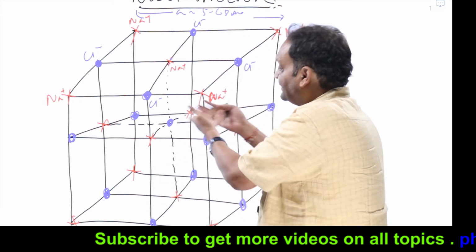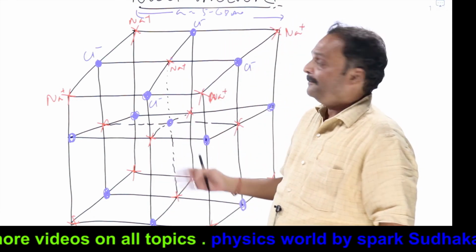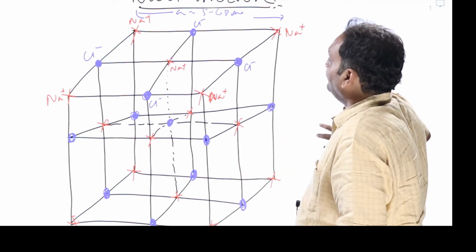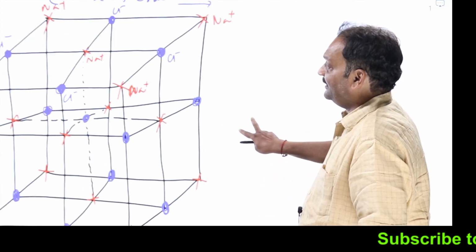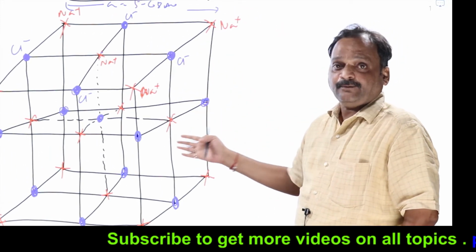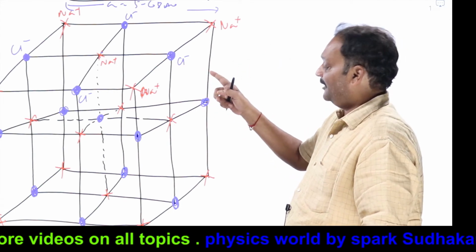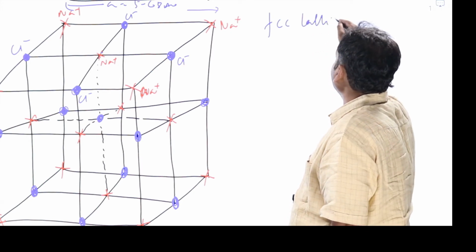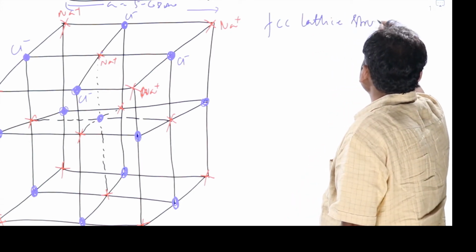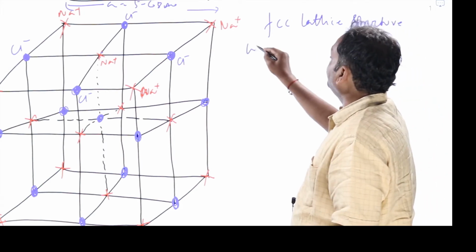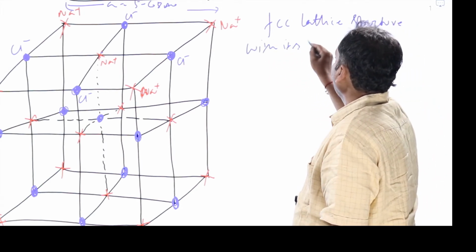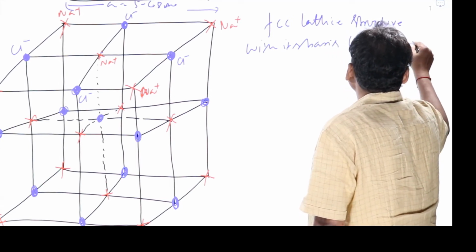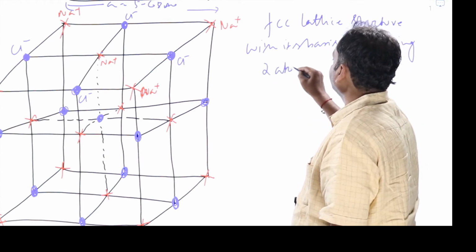How do I further simplify this? This looks like a very complicated one. Though it is not apparently looking like FCC, I'll say that NaCl belongs to FCC lattice structure with its basis containing 2 atoms or ions, whatever it is.